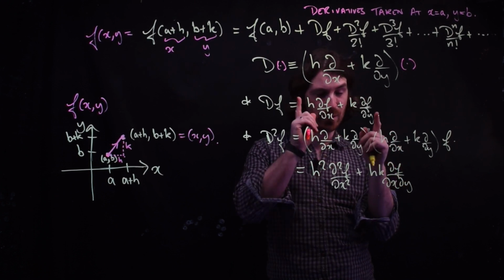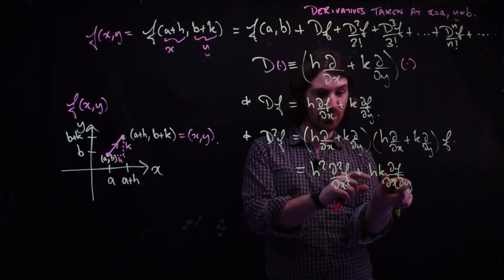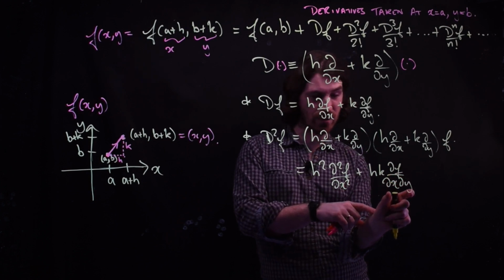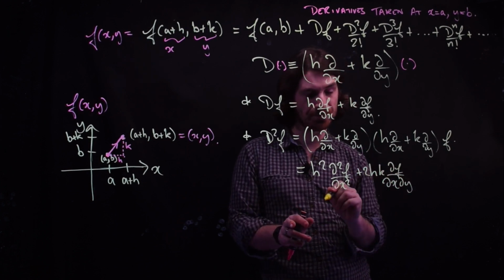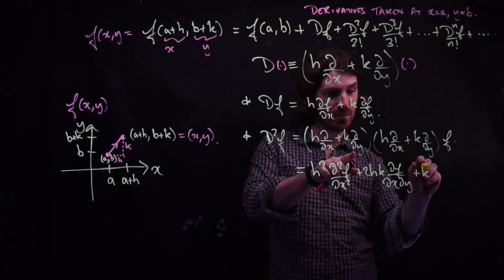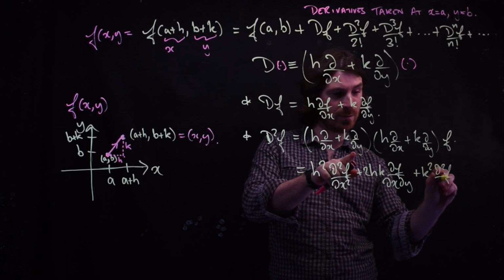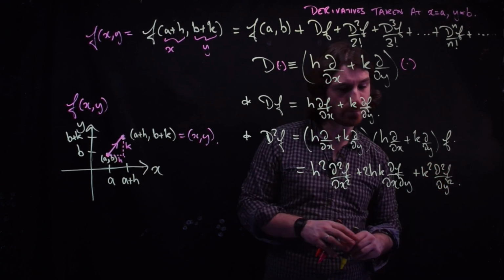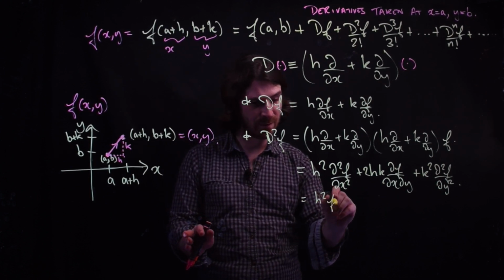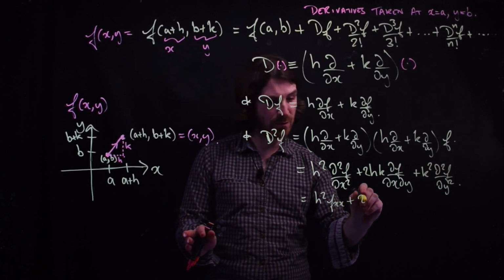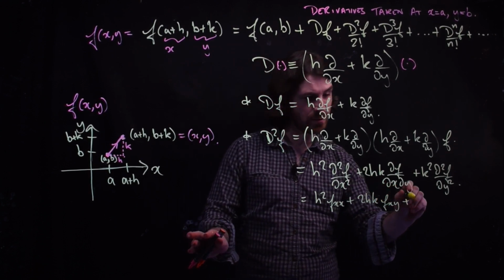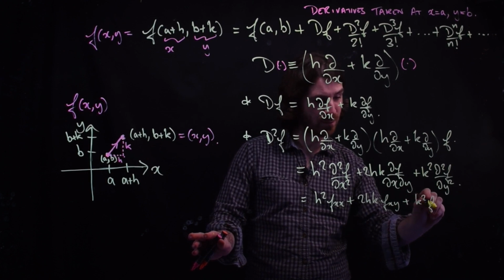Okay, but remember the mixed derivatives commute with each other, so it doesn't matter which way around you have x and y, so you get a 2 here. Okay, and then you've got k squared d2f by dy squared. Okay, so let's write this as h squared fxx plus 2hk fxy plus k squared fyy.